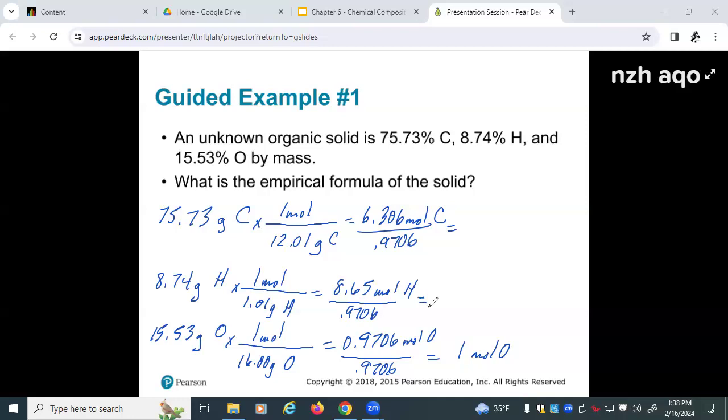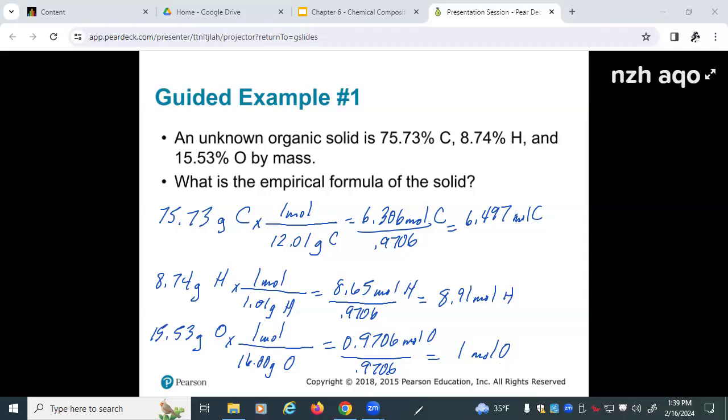So 6.306 divided by 0.9706 is going to give me 6.497 moles of carbon. 8.65 divided by 0.9706 is going to give me 8.91 moles of hydrogen. Okay. Neither of these look great, but they're a lot closer to whole numbers than we had originally.